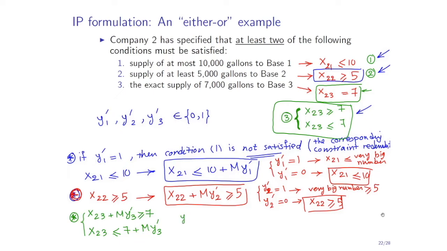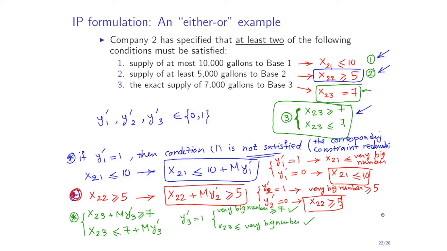If y prime 3 is 1, for the first one I will get a very big number greater than or equal 7, and for the other one I will get x23 less than or equal to a very big number, again trivially satisfied.